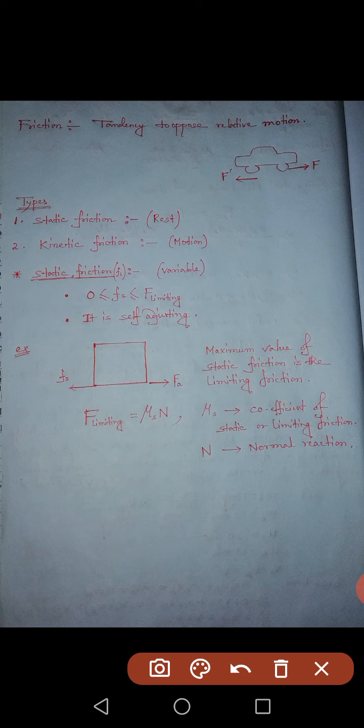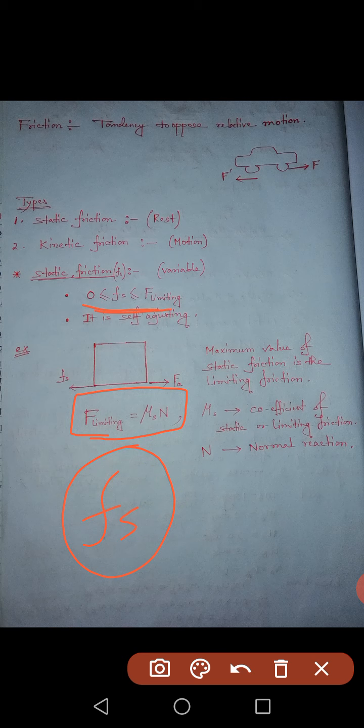Then this is the formula for limiting friction, because remember that static friction Fs does not have a fixed formula. Why does it not have a fixed formula? Because static friction itself is not a fixed value, it is changing, it has a range like this.